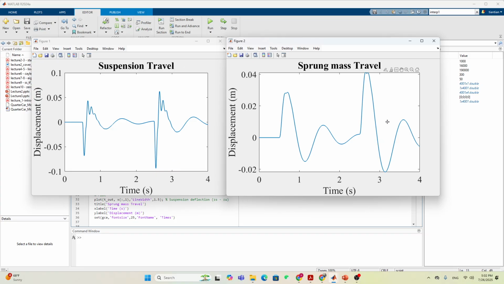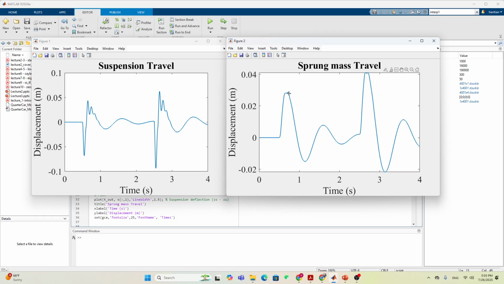And then let's look at your sprung mass travel, which means the passenger side. As you can see, even though the road has a 5 centimeter bump, because of the damping, it only travels a maximum of close to 0.03 centimeter, right? Similarly, if we introduce a 7 centimeter bump, it only travels as large as 4 centimeter.